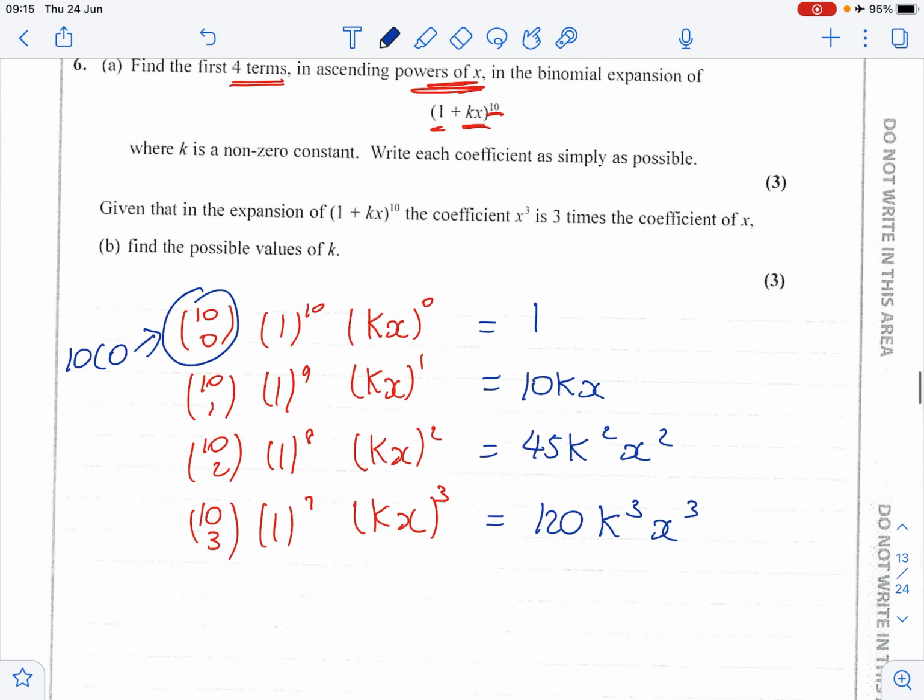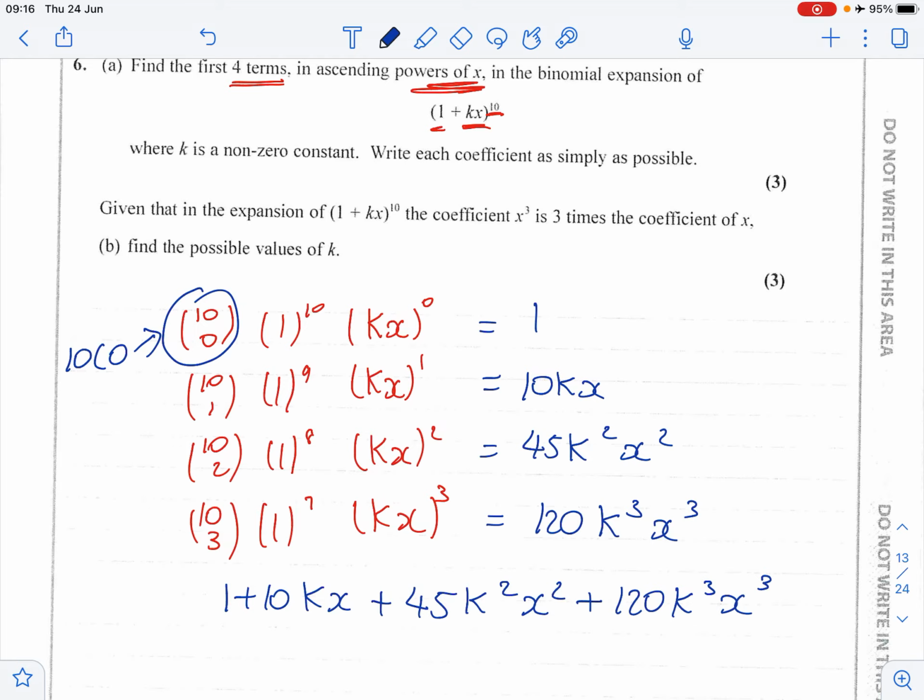So please have a go at typing this onto the calculator yourself. Therefore, the first four terms is going to be 1 plus 10kx plus 45k squared x squared plus 120k cubed x cubed.